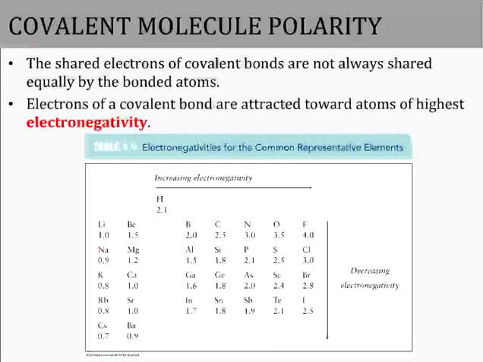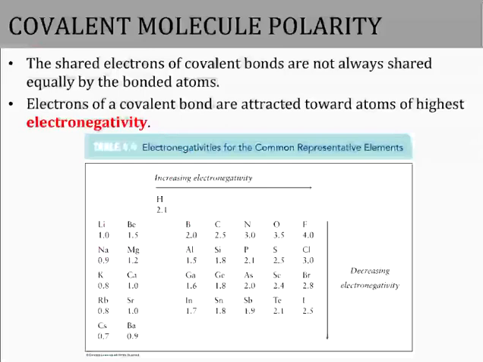Now, first, we're going to discuss something called electronegativity. So down below, we have a chart of what are called electronegativity values for common representative elements.